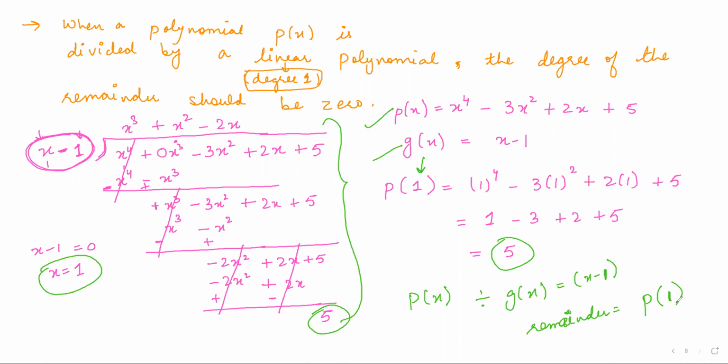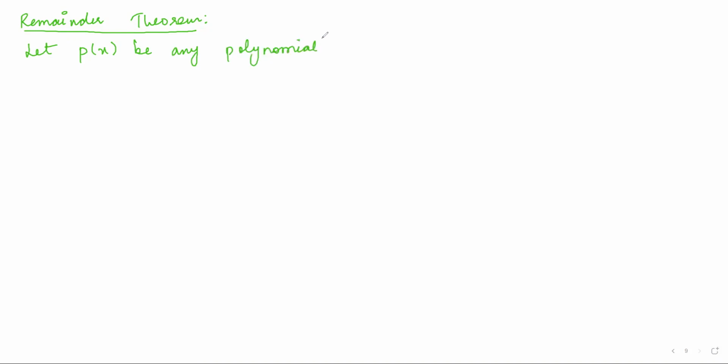We will do questions, then it will be more clear. Now I want you to write at least the statement of the theorem, which is called the remainder theorem. Then we will do questions. So let Px be any polynomial of degree 1 or greater than 1.